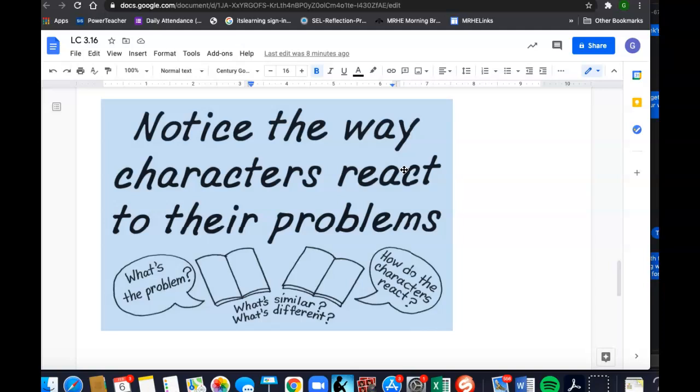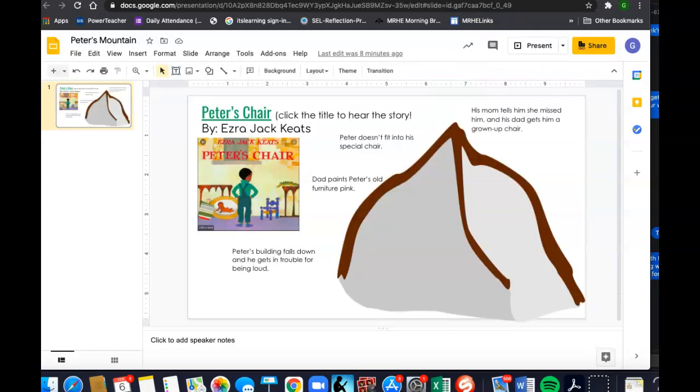So I was thinking about, okay, how did we learn to identify the problems and challenges that characters face? And I thought of our mountains, right? We travel up mountains with our characters, and we practice this with Peter's Chair. So I thought, okay, this is a familiar text. I feel like I know Peter well. Maybe I can show you how to compare characters' reactions to problems by looking at Opal and Peter.